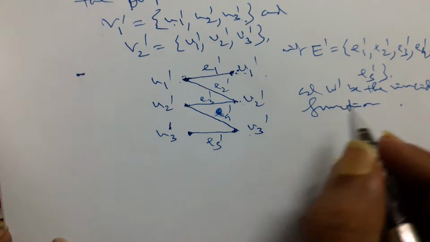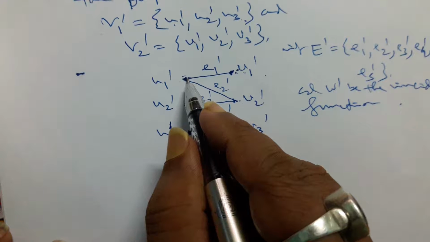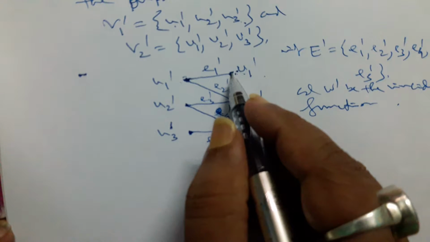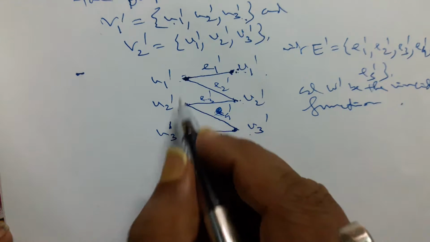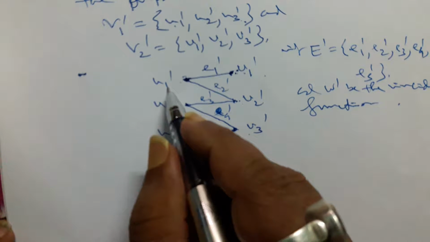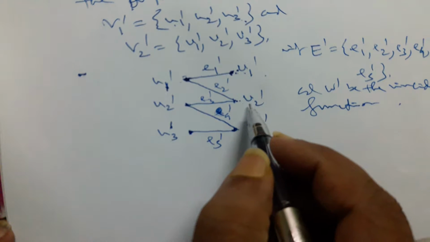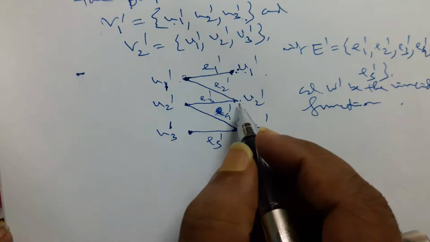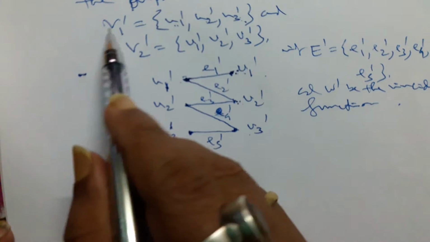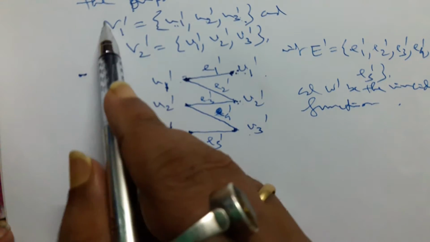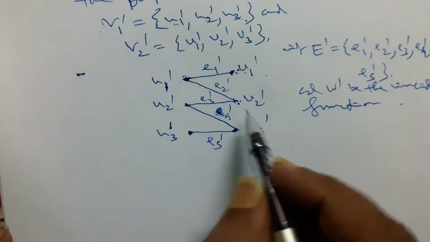So if we consider the edge e1 dash, one end lies in the set of u dash and another end lies in the set of v dash. For e2 dash, one end is a member of the set u dash and another end is incident with v2 dash. So all of u1, u2, u3 lie on one side, one end lying in the set of V1 dash and another end lying in the set of V2 dash.